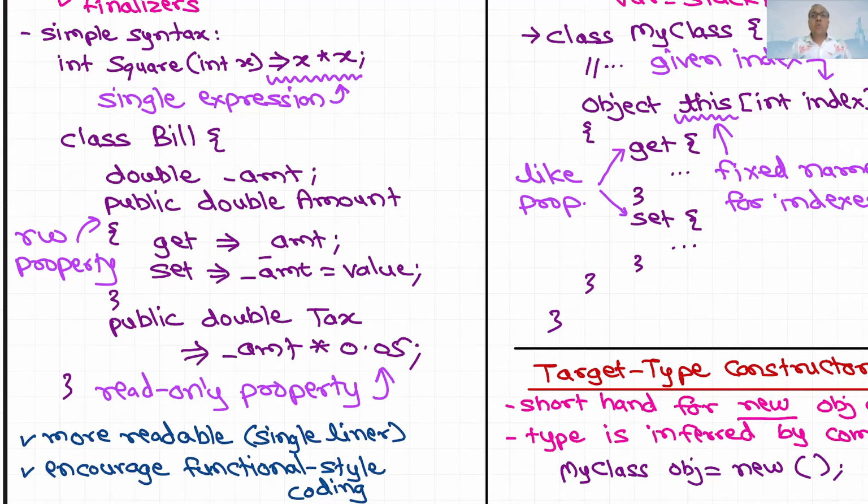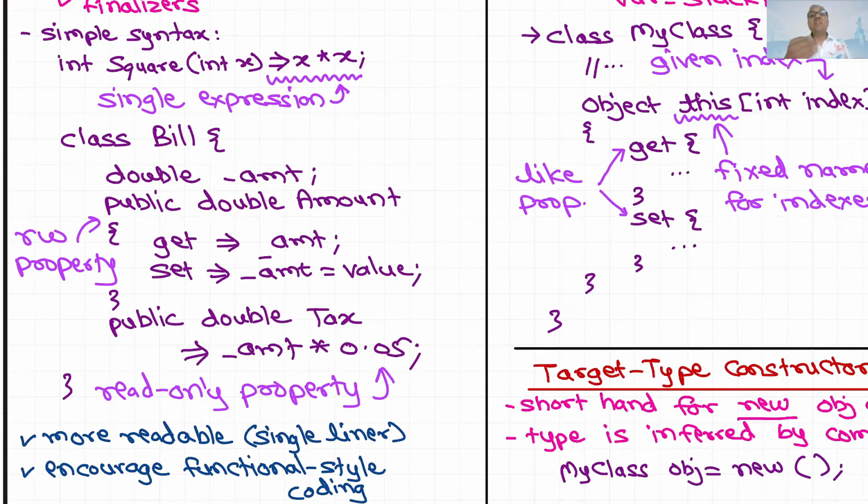Further, if I want to write a read-only property, a property which doesn't have any setter part, then this can be further shortened. You can see the amount over here, where I'm directly writing underscore amount into 5%. In this particular case, I have not mentioned even the get and set keywords; by default, it is considered as get.